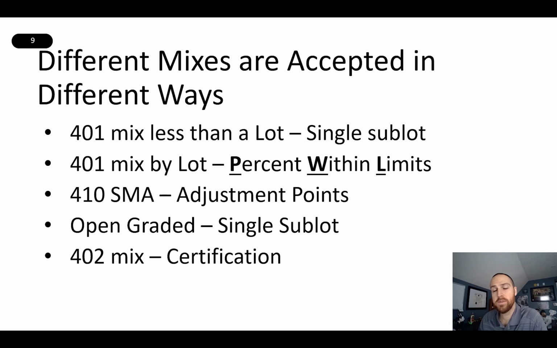This is based on test results, but also brings in statistics with how consistent the mix is. 410 SMA is accepted by adjustment points, and open graded is a variation of single sublot acceptance. And then as mentioned before, we do 402 mix, which is accepted by certification. So we'll look at these more in depth one by one.